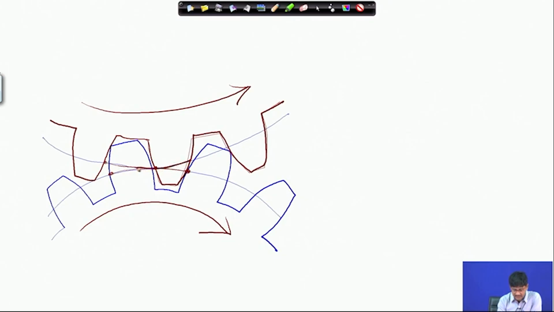So, we can say these two distances have to be the same on these two gears.